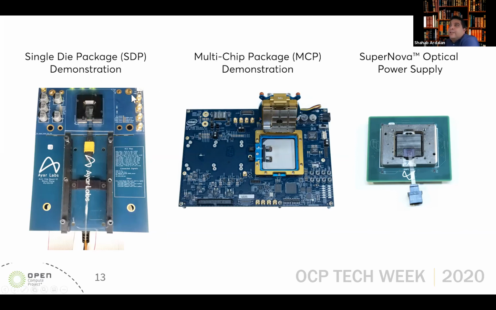We do have a single die package demonstration, which is only a TeraPHY solution communicating to another TeraPHY. This is the multi-chip package, where there is an Intel FPGA here and 2 TeraPHY. And also we have our laser source to provide the dense laser for different multi-waveform.